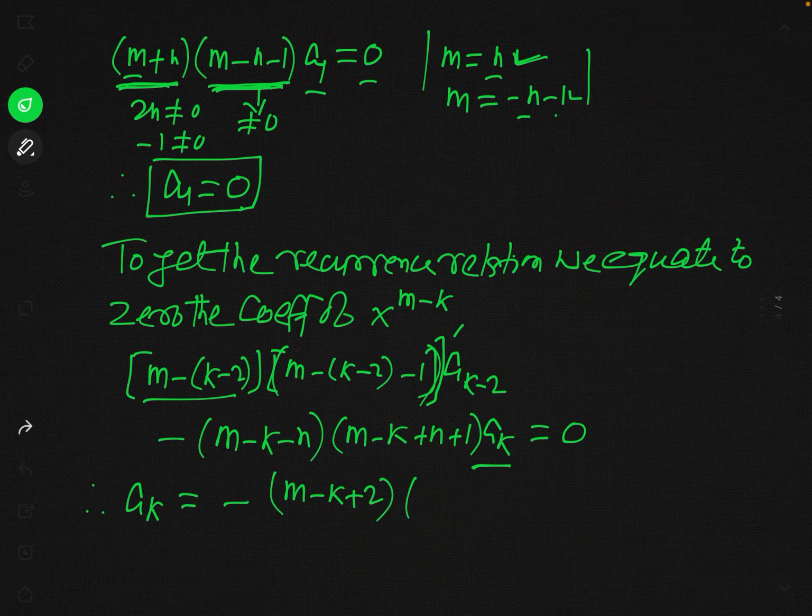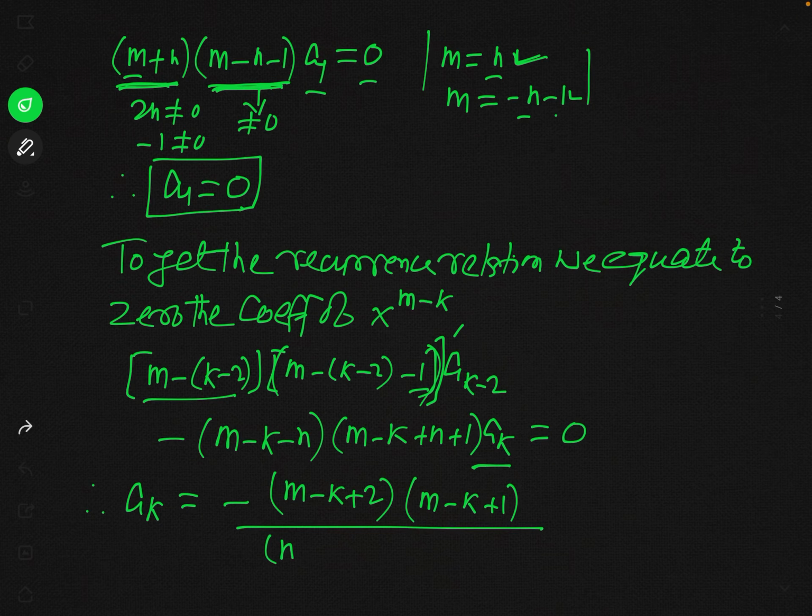This will be m minus k plus 2 into m minus k, and here minus minus 2 that will be plus 2, and here is minus 1. So 2 minus 1 will be plus 1. So this is m minus k plus 1, and divided by m minus k minus n into this much.